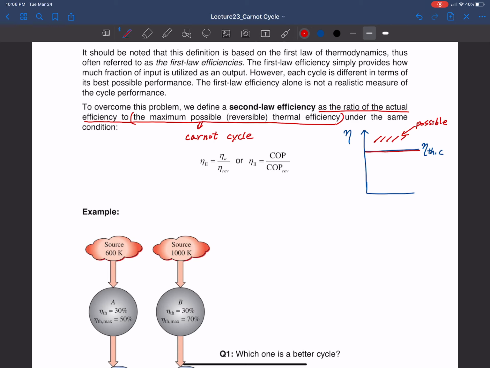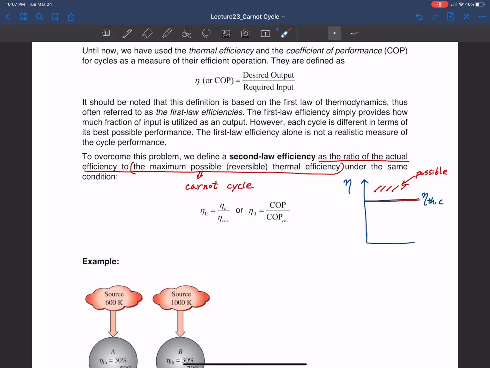So if we express the second law efficiency in terms of an equation, in order to distinguish it from the first law efficiency, we put the subscript 2 in Roman numerals.